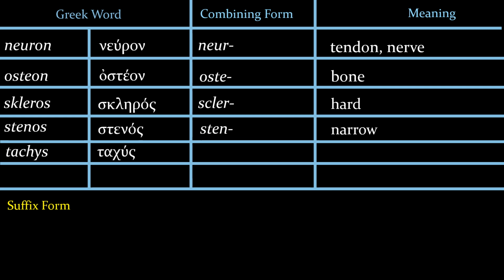Tachys, and the combining form here is tachy. Anybody who's into physics might know what a tachyon is, a particle that can move at the speed of light. And this means rapid.